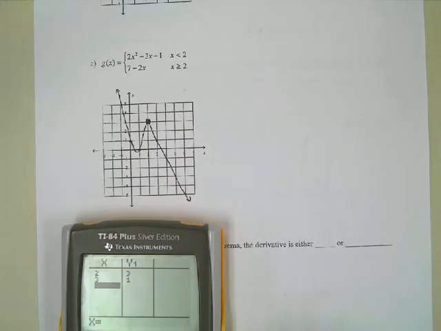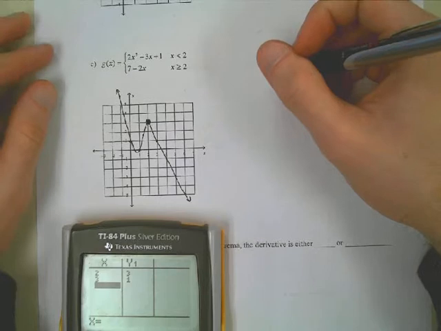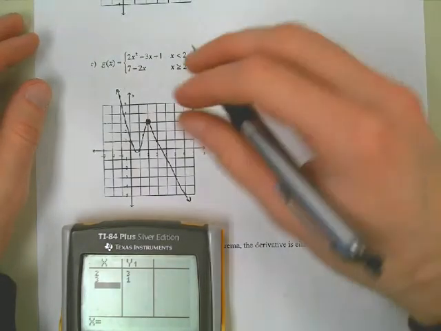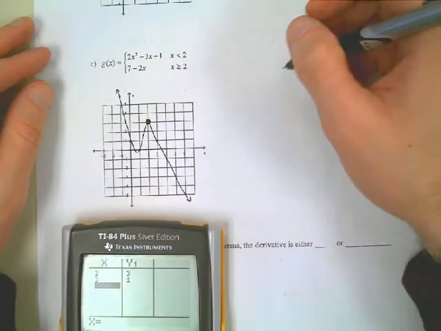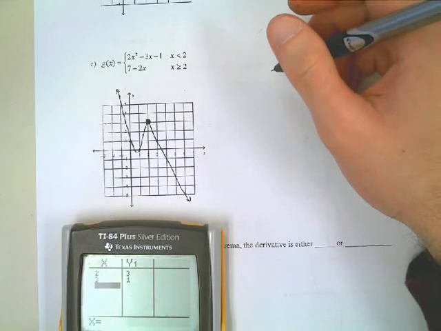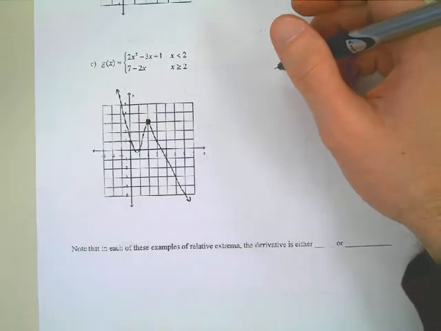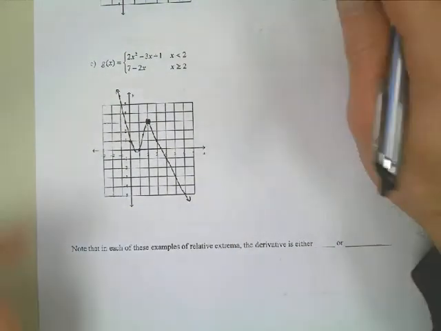And now we want to find our critical values here. Okay, so it looks like we maybe have a relative minimum on our graph here. So Maya, where does it look like we maybe have a relative minimum?